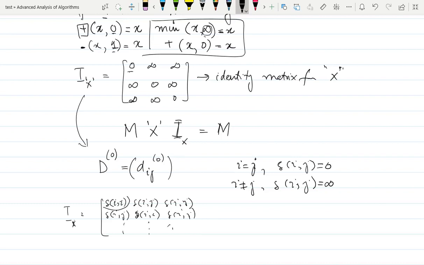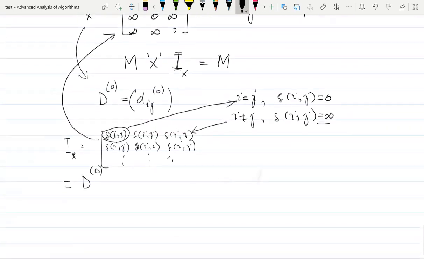So as per this definition it is always 0, and as per this definition it is always infinity. So this will transform into the very same thing. So this is equal to d of 0.